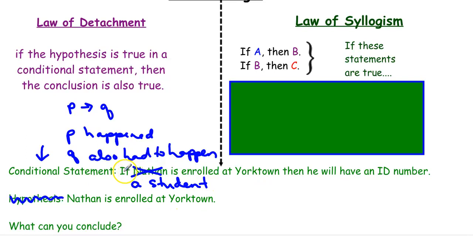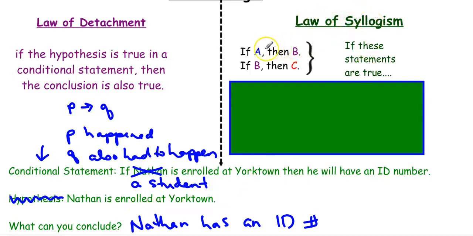We just had the statement that says if a student is enrolled at Yorktown, he will have an ID number. Now the second statement says Nathan is enrolled at Yorktown. What can we conclude? That he has an ID number. That is the law of detachment for us.